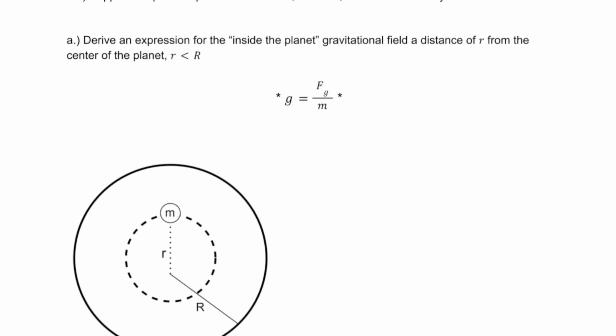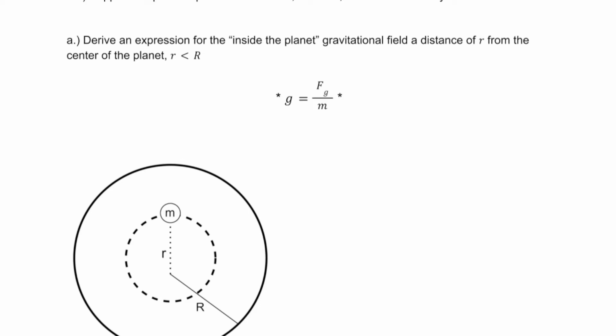And now for a more typical calculation of finding g inside of a planet. Instead of finding force, which is object dependent, we like to find the value of g, which is called the gravitational field, which is just the GM over r squared, but with the little m factored out.